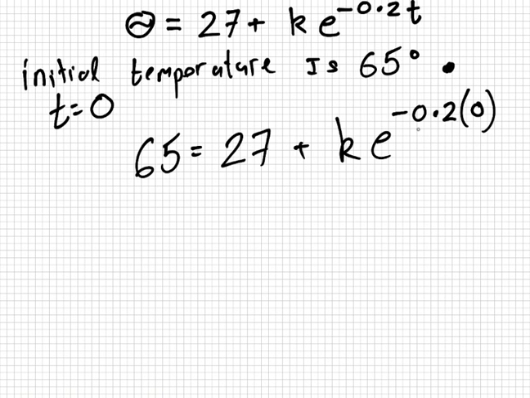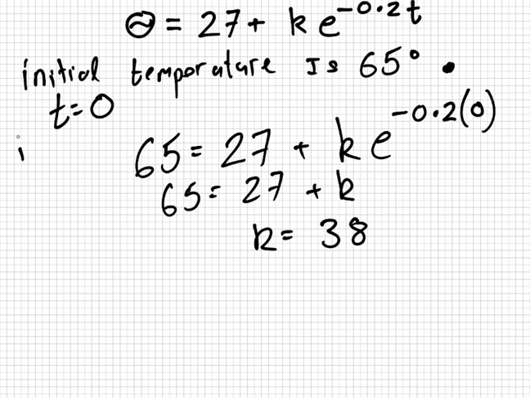If you type this in on your calculator, what do you get for this e piece? 1. So what does K equal? It'll be 65 minus 27. So what is it? 38.